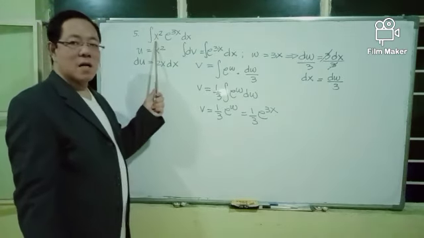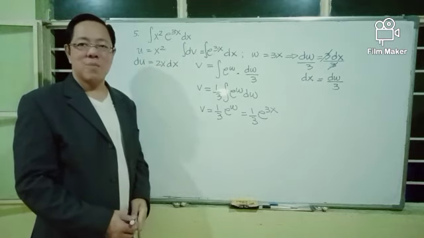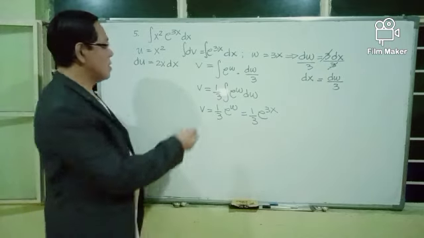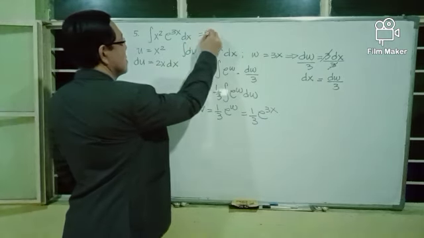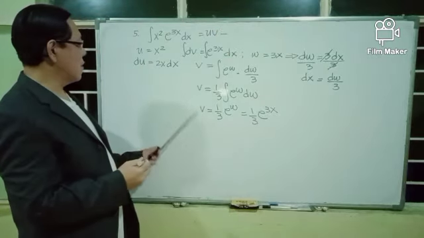Now, the given integral of x squared e to the 3x dx by integration by parts is equal to uv minus the integral of v du.